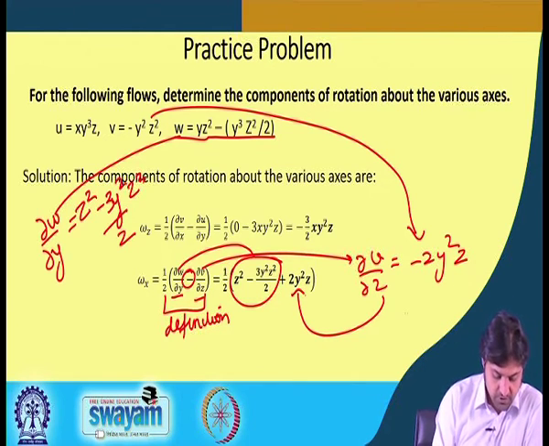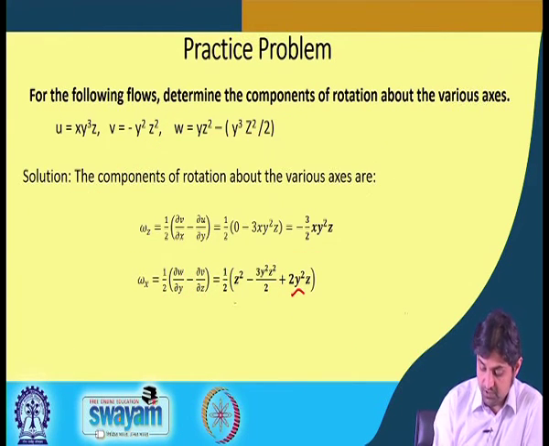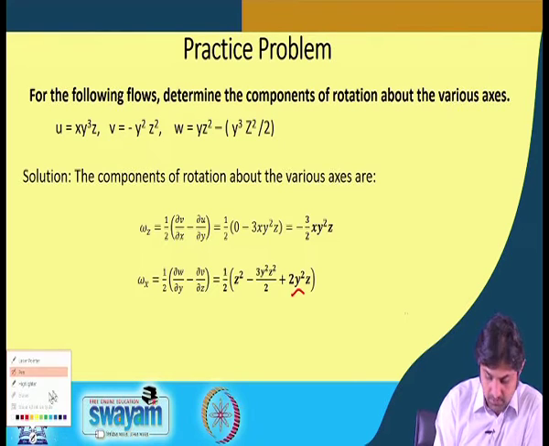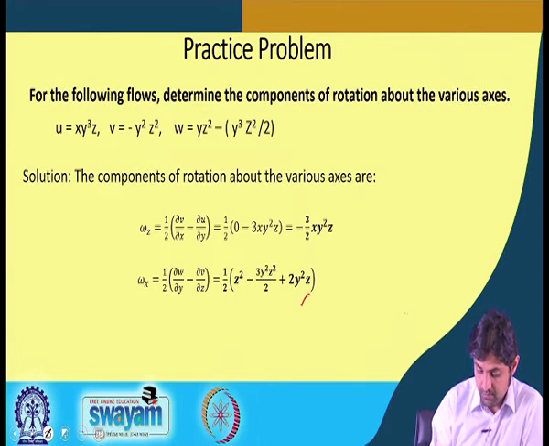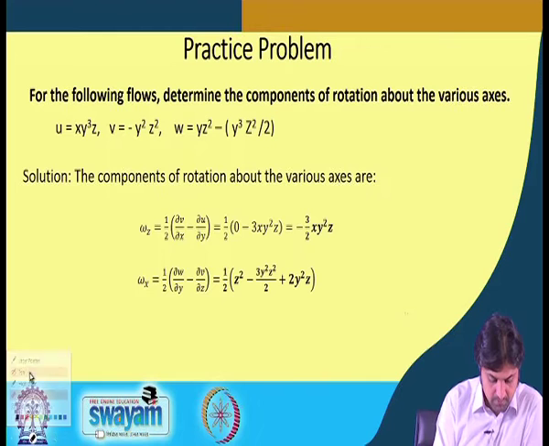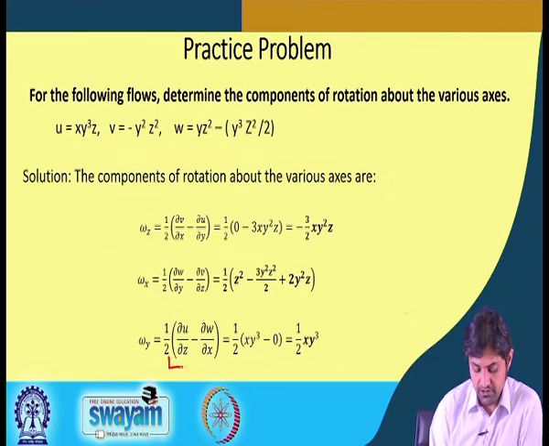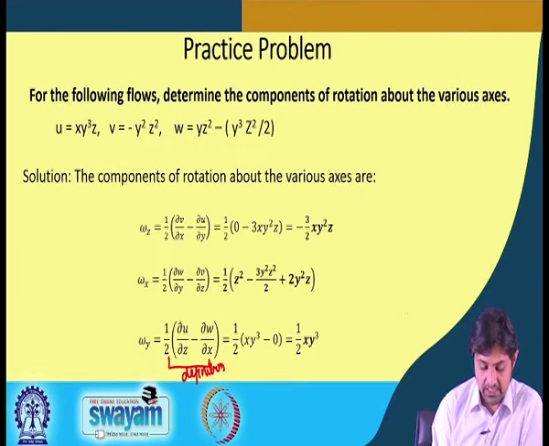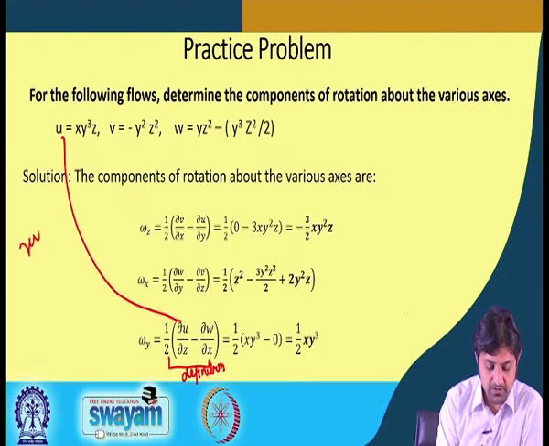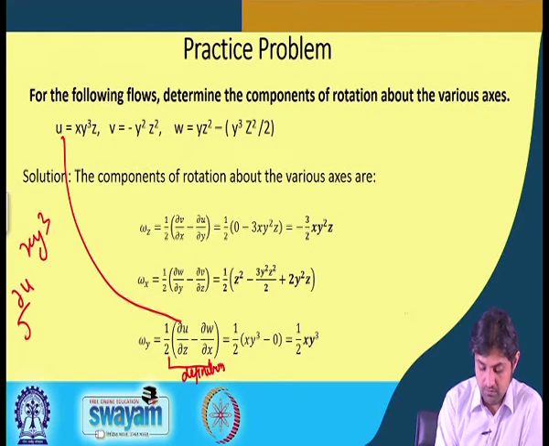Okay, so I'll erase the ink so that you are able to follow. Similarly, omega y will be half. This again is a definition. Now del u del z, so it will be x y cube, right, and del w del x.